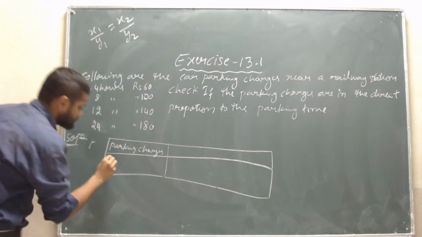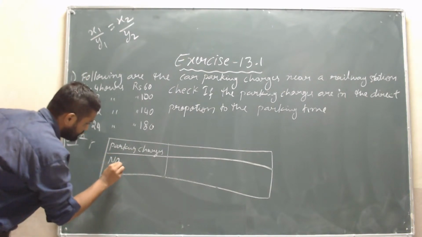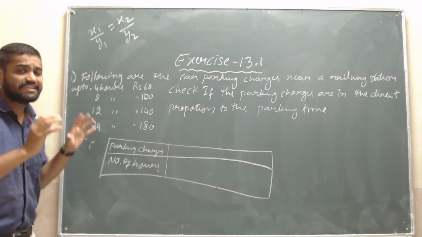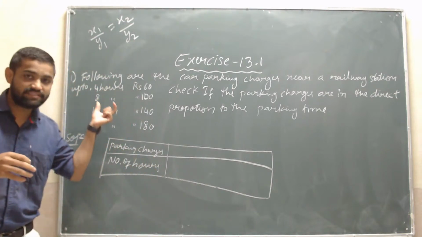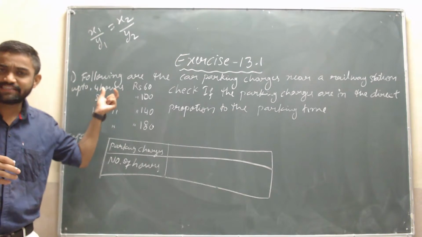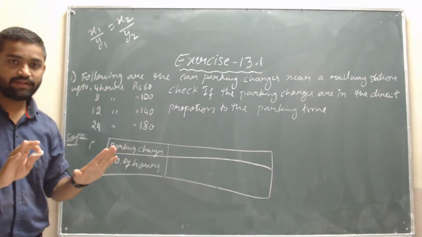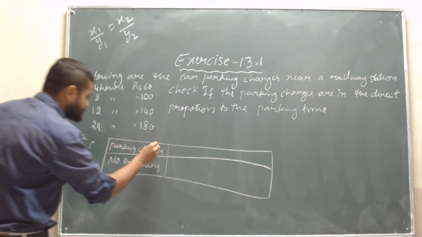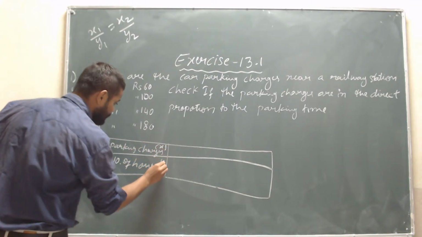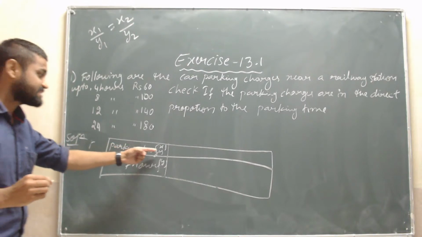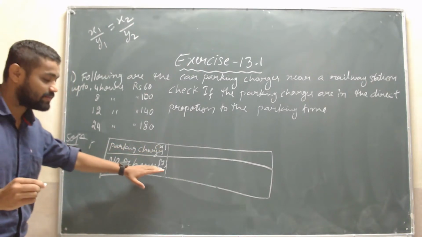We just have to check whether these costs and these hours are in direct proportion or not. Assume that the parking charges will be x and the number of hours will be y.